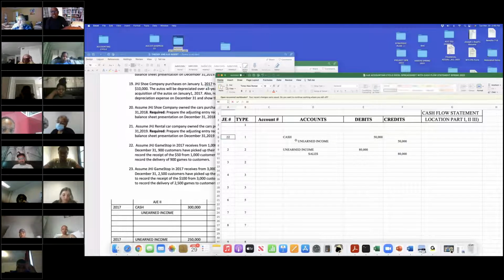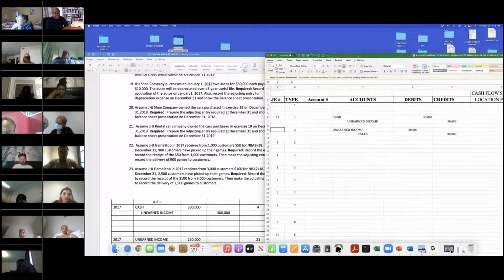Do you see the 50,000, Ida? We received from 1,000 customers $50 each. We multiplied 50 times 1,000, and we got $50,000. Do you see that? Yes, I do.